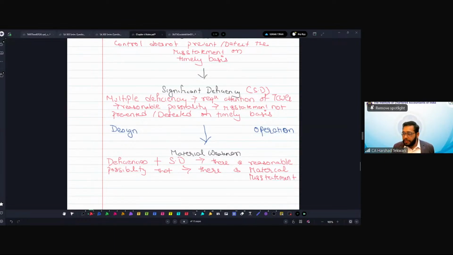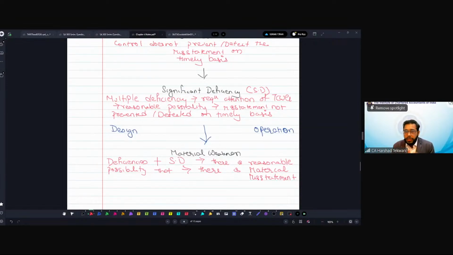In other words, the deficiencies are of such a nature that the misstatement that is either not prevented or detected, on a probability basis, is material. When the concept of materiality comes into the picture with deficiency, that becomes your material weakness.